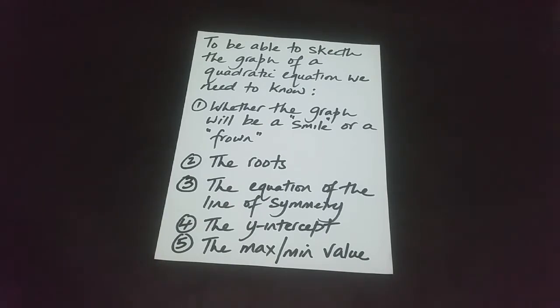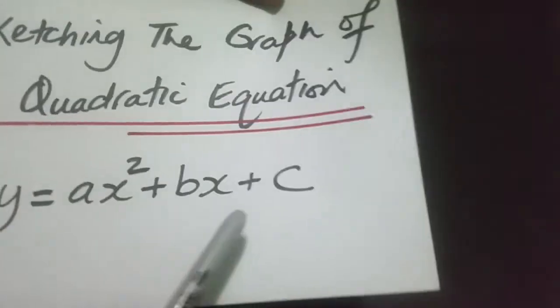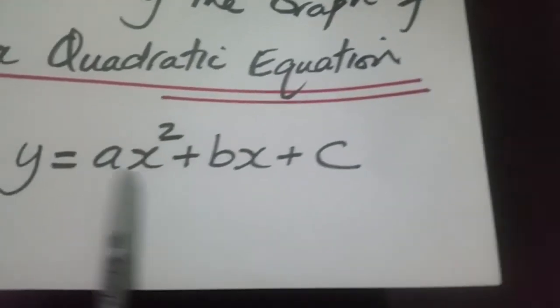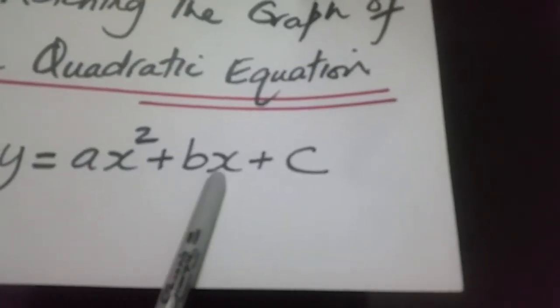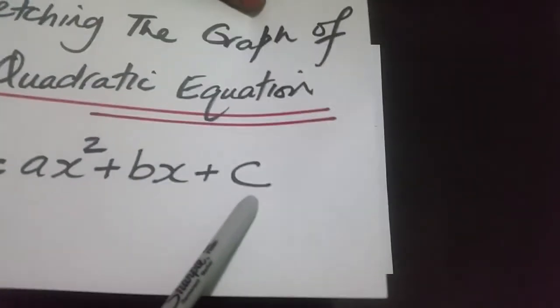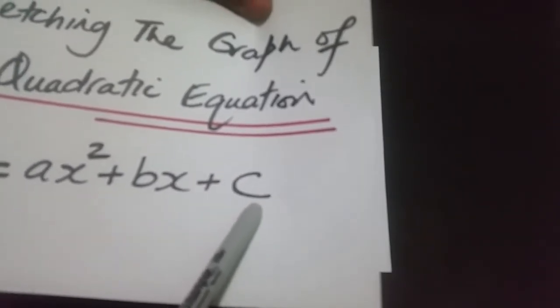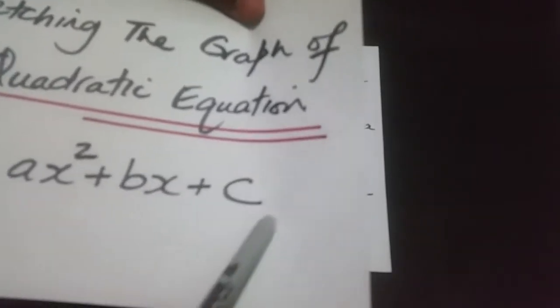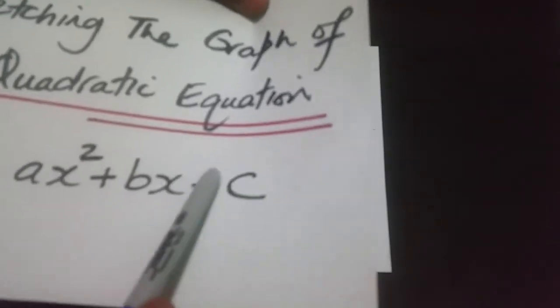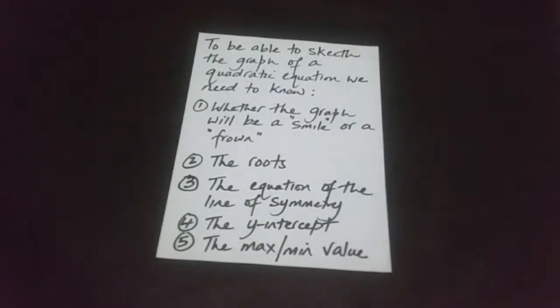The next thing is the y-intercept. And guess what? Once it's in this form, y equals ax squared plus bx plus c, whatever the value of c is, that's going to tell us exactly where the curve is going to cut the y-axis. That's the significance of this value here. It tells us where the curve cuts the y-axis.